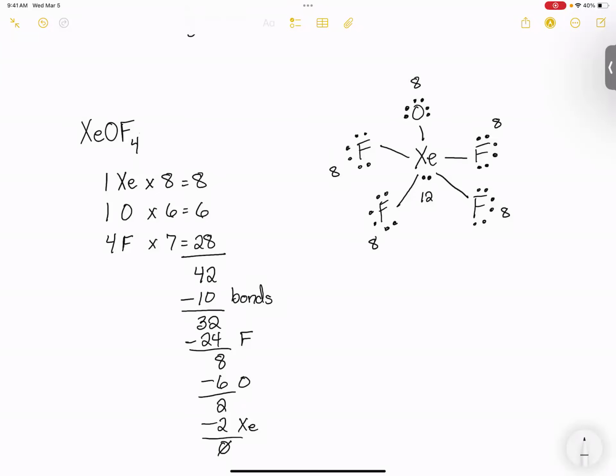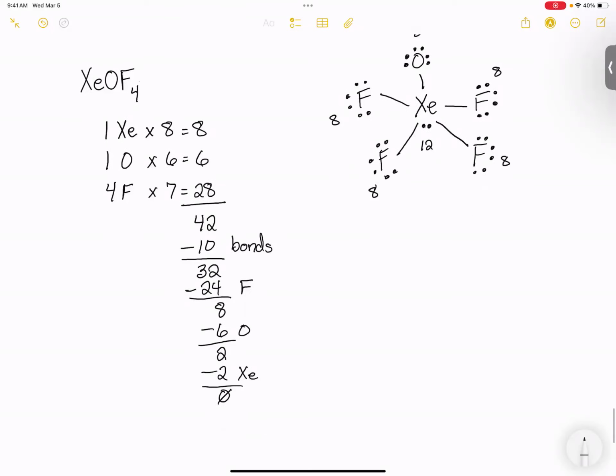One more time. Anytime your central atom is in period 3 or greater, you must do formal charge to determine if you need to continue expanding the octet. So let's do formal charge.